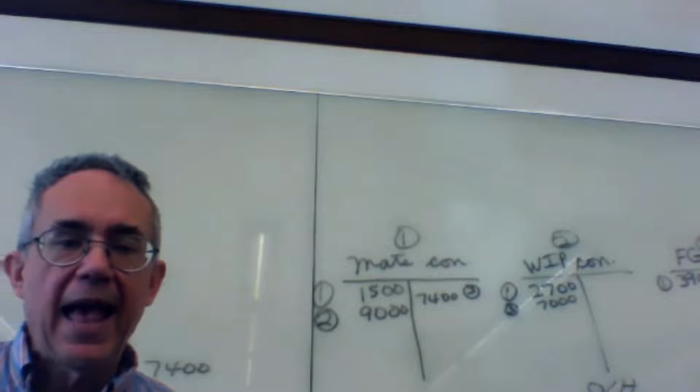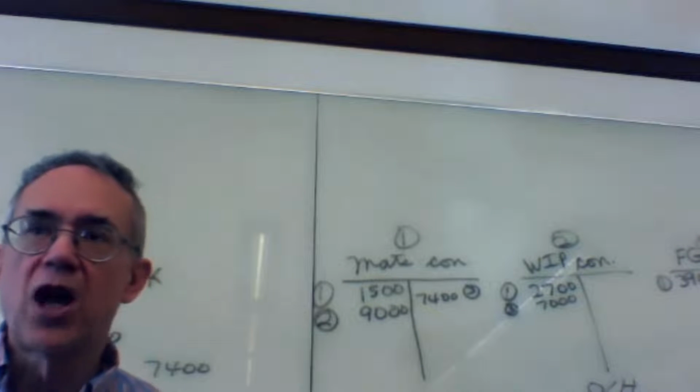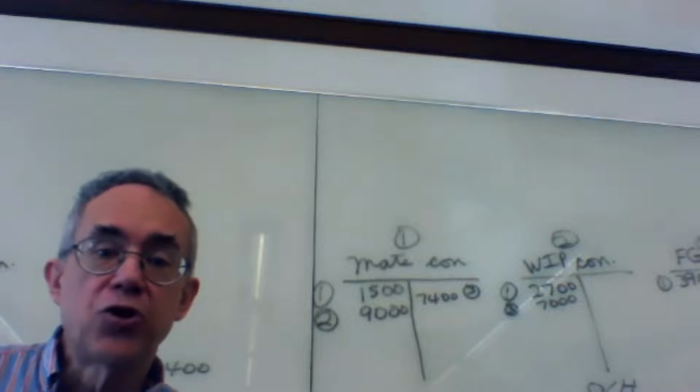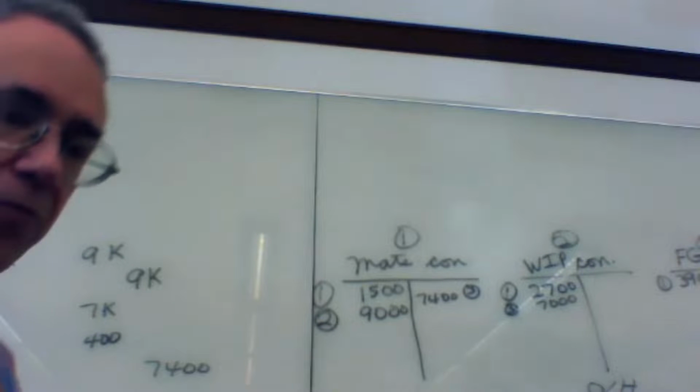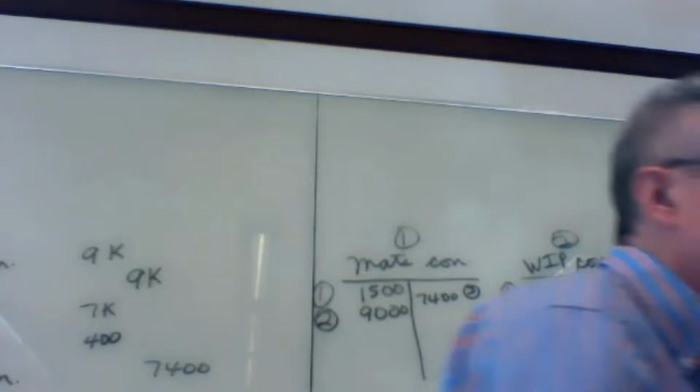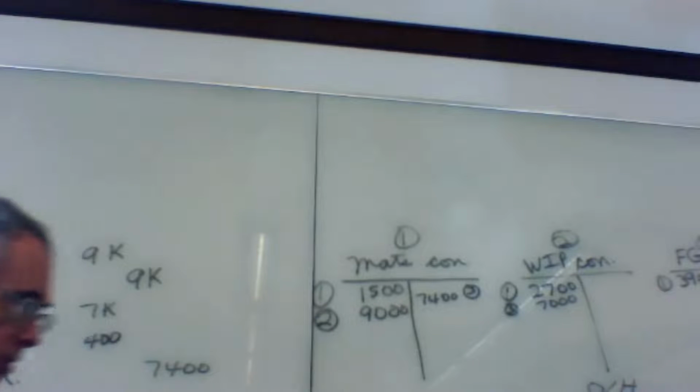So we have the $10,000 of direct labor and $2,000 of indirect labor, people like supervisors or maintenance workers. We make a little bit of room here. Otherwise, if I start going too far over here, I'm not going to get a very good shot with my camera.